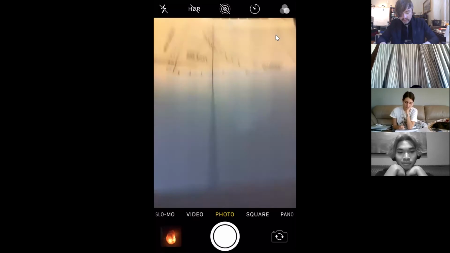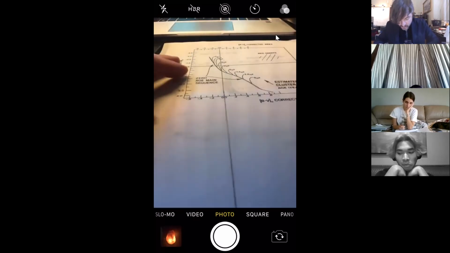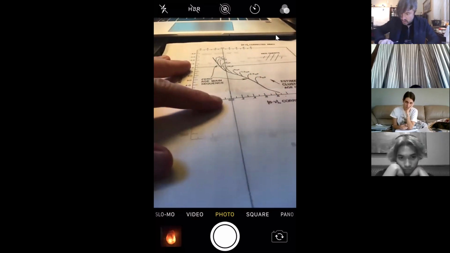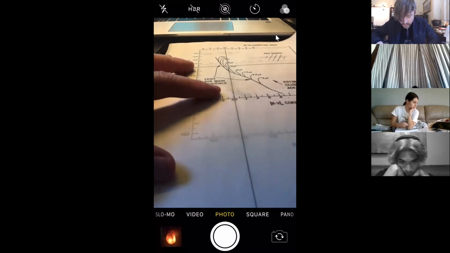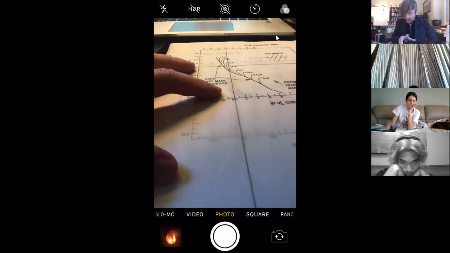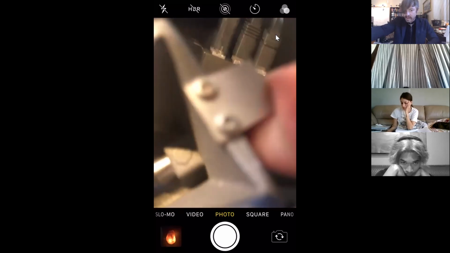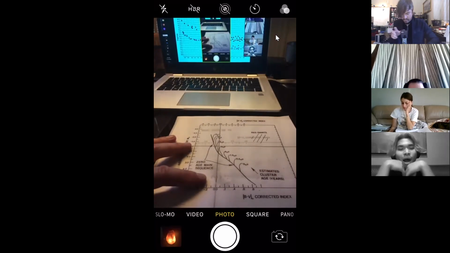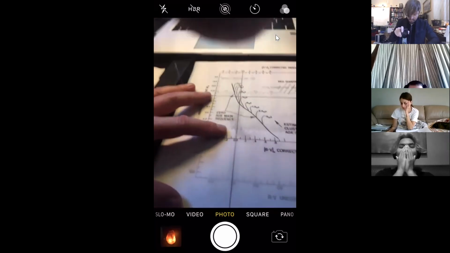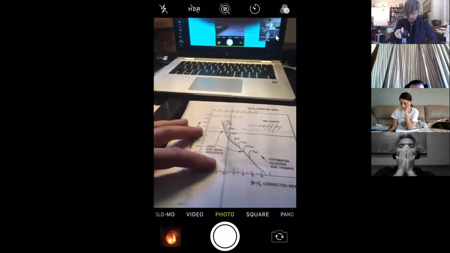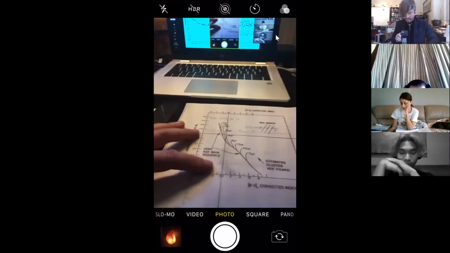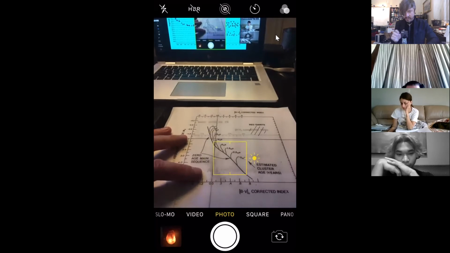I'm going to overlay the tracing paper. Now I'm going to switch to the other phone holder so that you guys can see a little better. This whole thing is pretty janky.